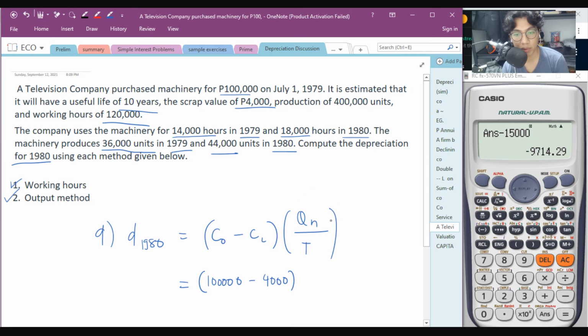Yung QN mo, ano daw ang production mo during that year in 1980? Okay, working hours pala. QN. Ito, papalitan mo ng working hours. Based on working hours sa number 1. Hindi siya number of units. So, ang working hours mo during 1980 is 18,000 hours.